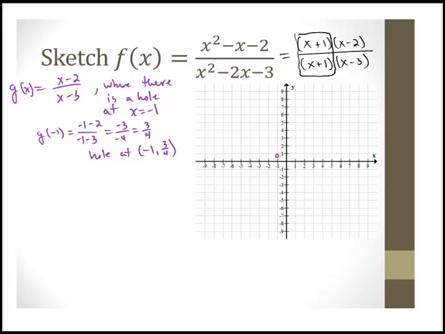Now, to figure out the rest of the graph, I work with my new function, g of x is x minus 2 over x minus 3. I know that its domain is x cannot equal 3, setting the denominator to 0.